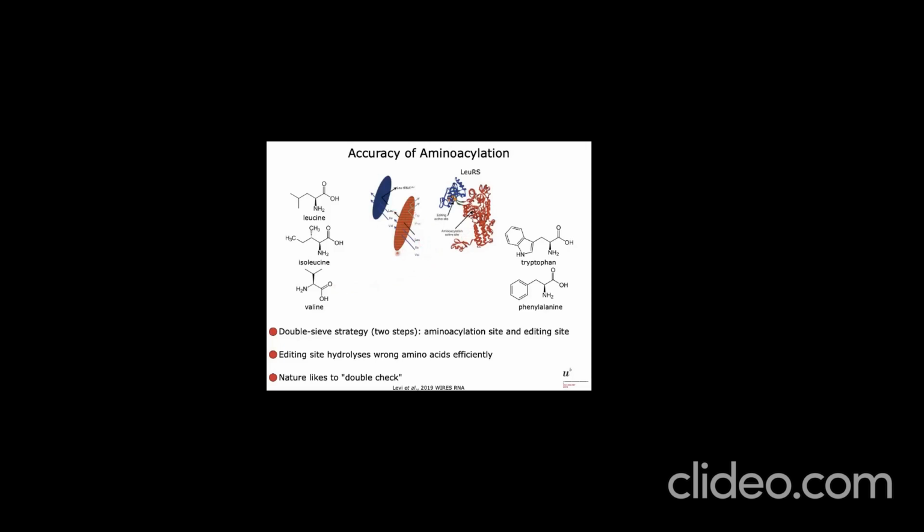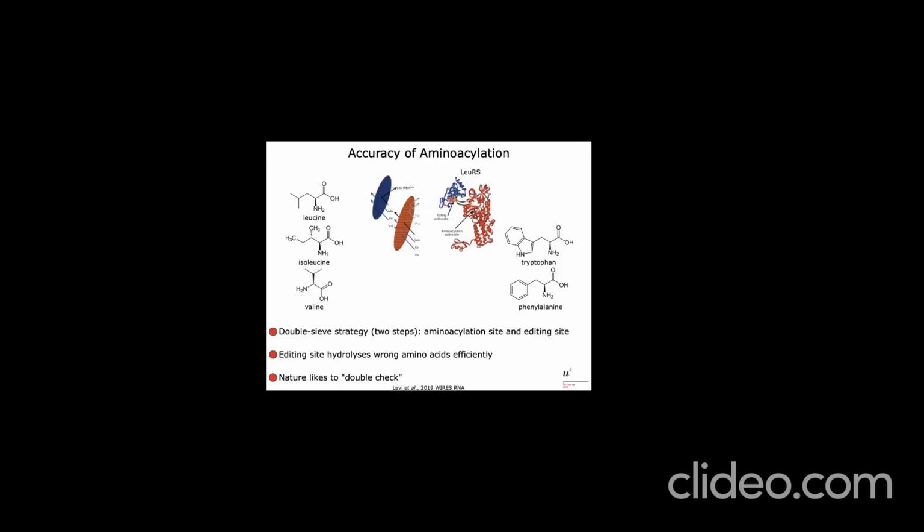So while the first step structurally deflects bulky amino acids, it also lets through amino acids that are the wrong ones. And then in the second step, you again have an editing reaction at the editing site, which does the same thing in that it deflects certain amino acids which don't really fit.